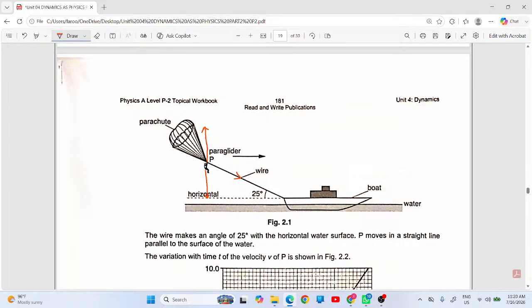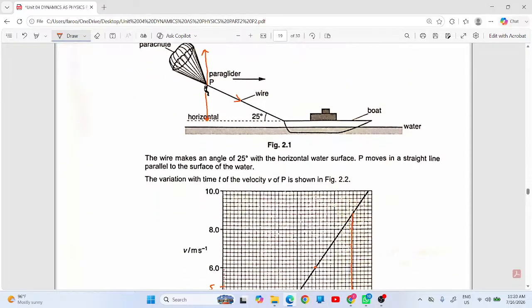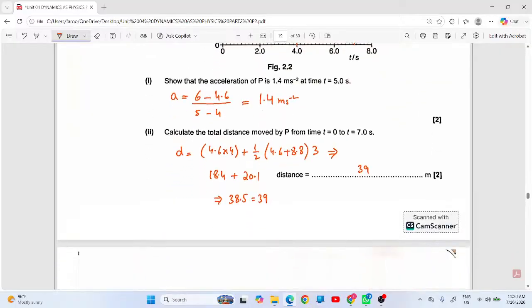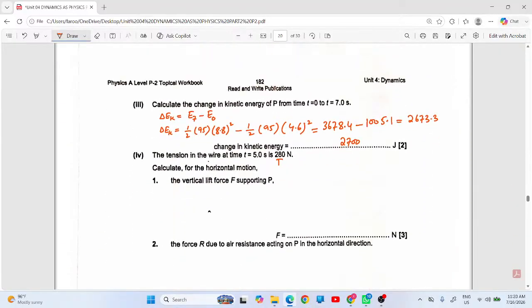So we write the sum of forces acting upward equals the sum of forces acting downward, because it is moving horizontally.